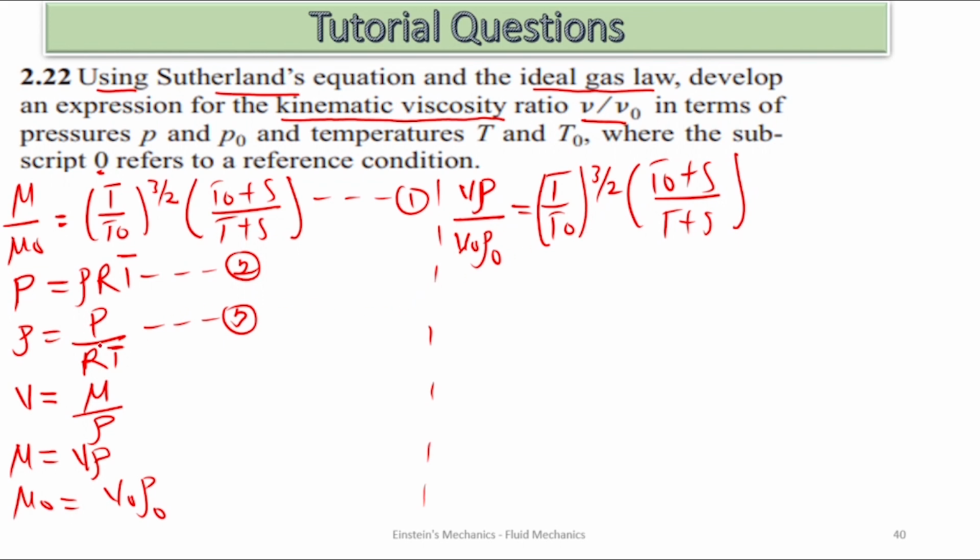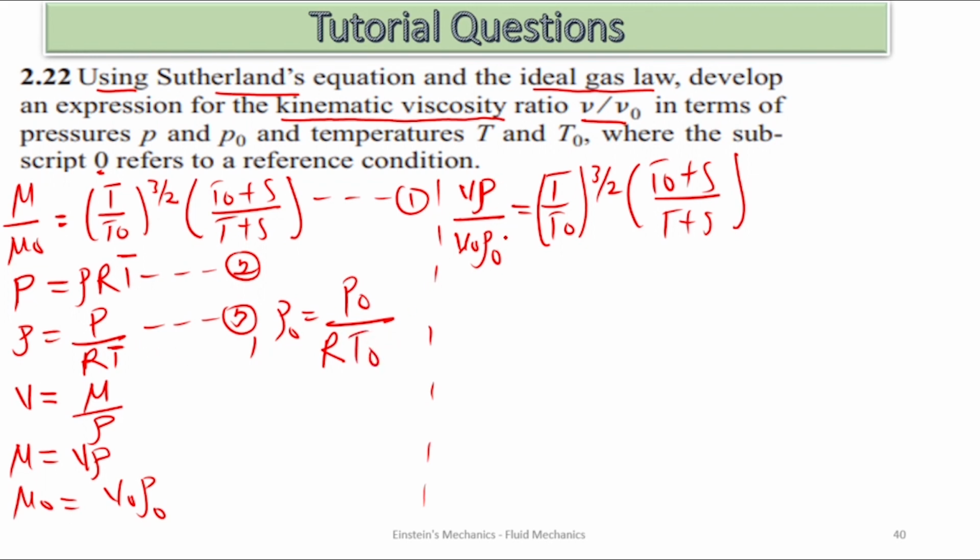Are we good? But we know that our rho is also given by pressure over RT. Remember, in the ideal gas law, R is a constant for the gas, and this equation works for a particular gas. So within that gas, R is the same. So if rho is given by that, can I also say that rho naught will be P naught on, since R is constant, just R, but the temperature will be T naught.